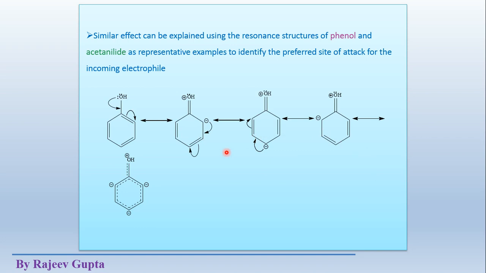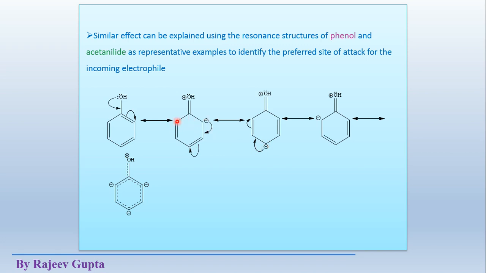For aniline and other systems, lone pair containing systems also show the same type of resonating structure. See, in these resonating structures, this is an ortho position, this is an ortho position. At both these ortho positions, the negative charge appeared. Here at the para position, negative charge appeared.